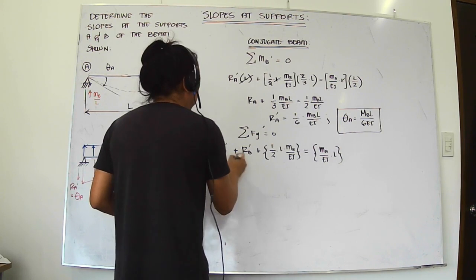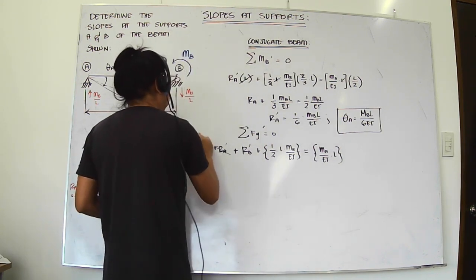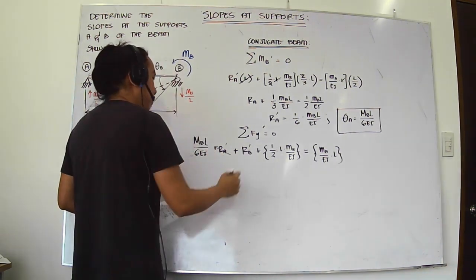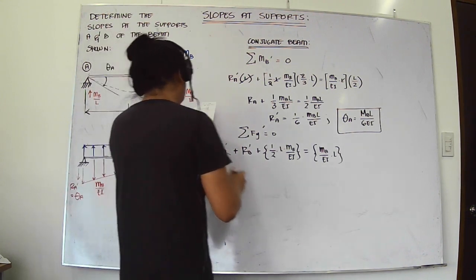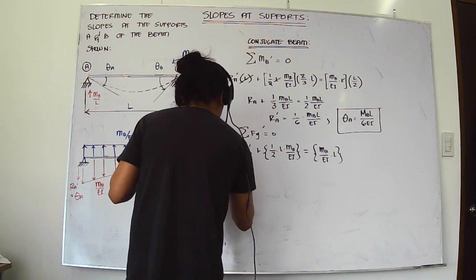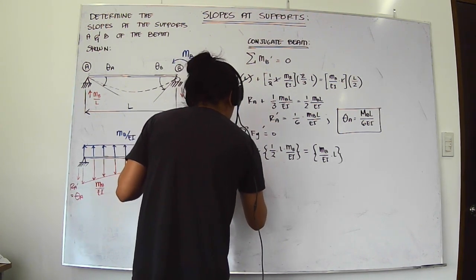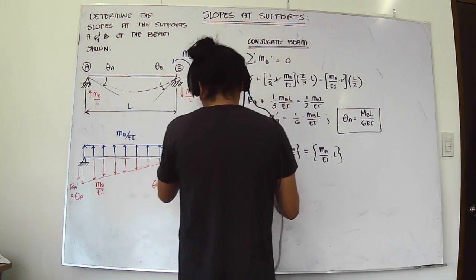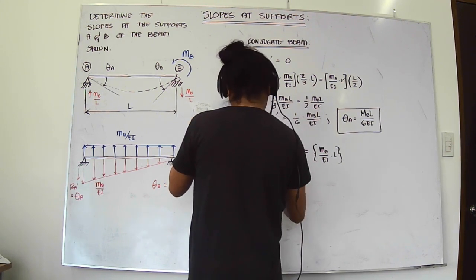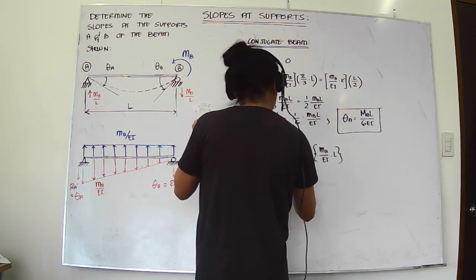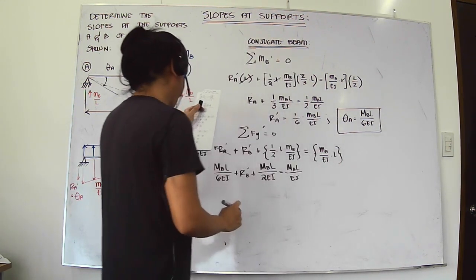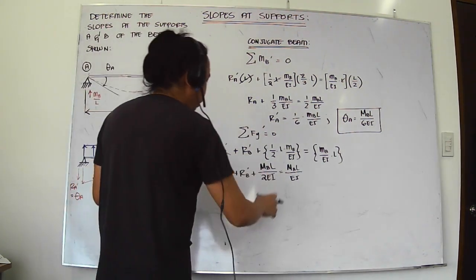But we already know that RA is equal to MBL over 6EI. We just substitute it, and then minus minus.